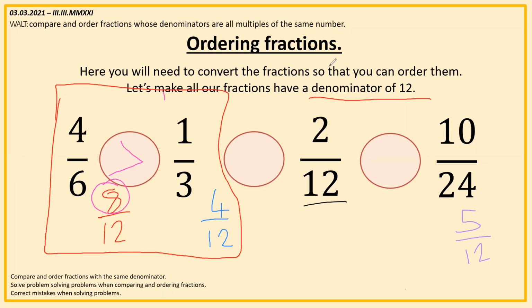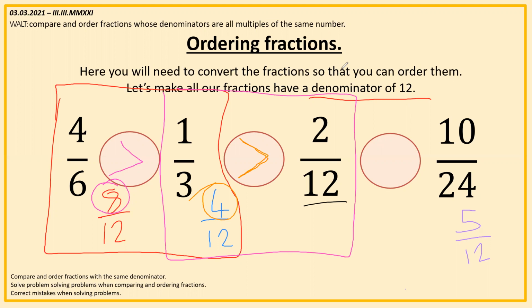Having a look at the next two, we've got 4/12 and 2/12. Again, what is the greater numerator? Well, 4 is our greater numerator, so I'm going to put my greater than symbol here. That means 4/12 is greater than 2/12, which is the same as 1/3 is greater than 2/12.